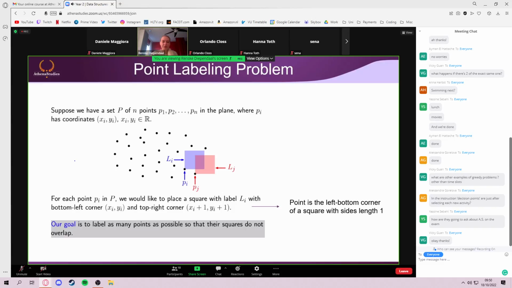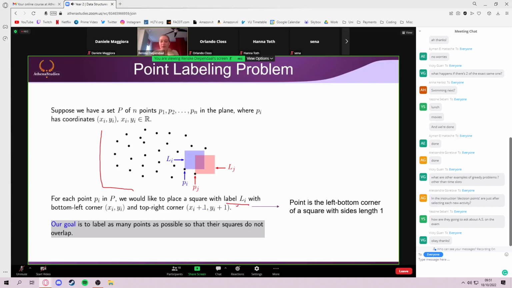So this is also going to be solved by greedy. The problem is, suppose that we have a set of points, and each point has some coordinates. In this example, we have just x and y coordinates, but it could also be a 3D problem, 4D problem, whatever. For each point, we want to make a square with a label.